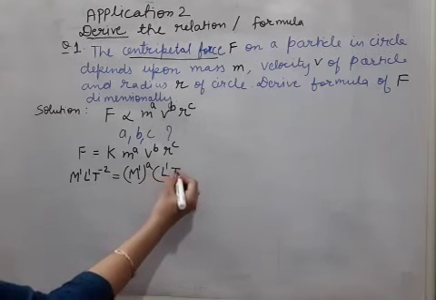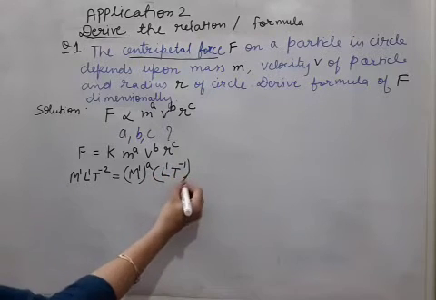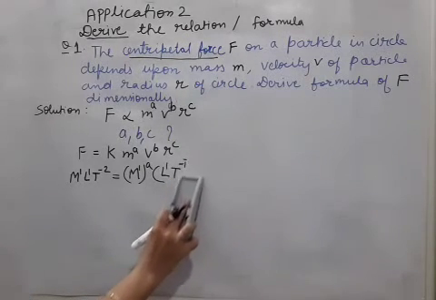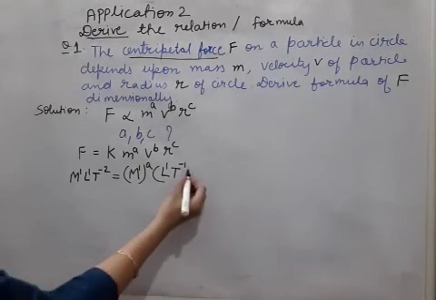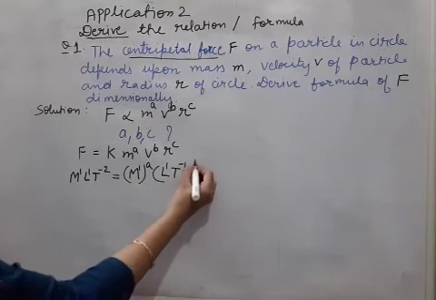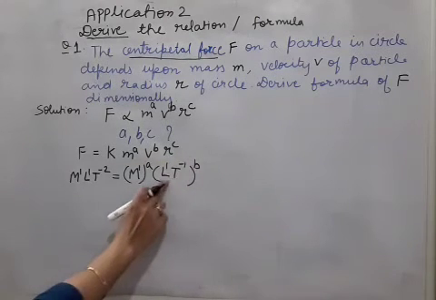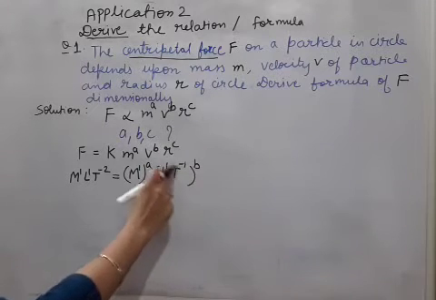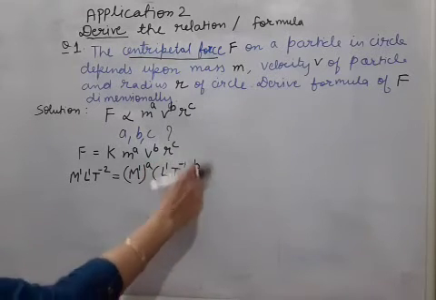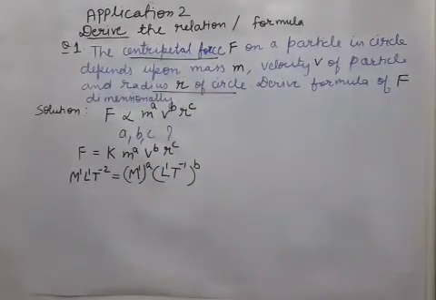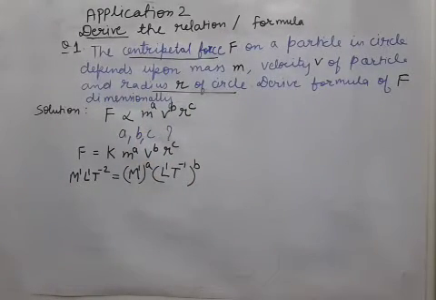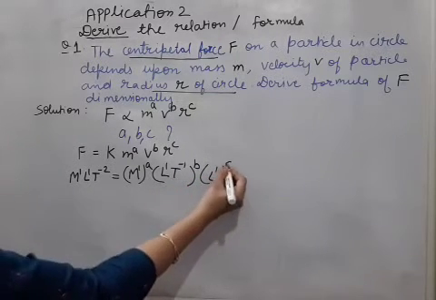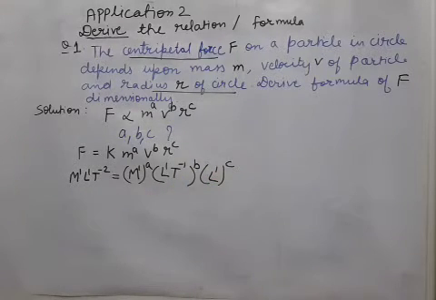Velocity's dimensional formula is L1 T power minus 1. Its power is b. So L1 T minus 1 is for velocity, with power b also running. Next is radius r of the circle. Radius, okay, so radius is length only. So we will write L1. Power c is already outside.